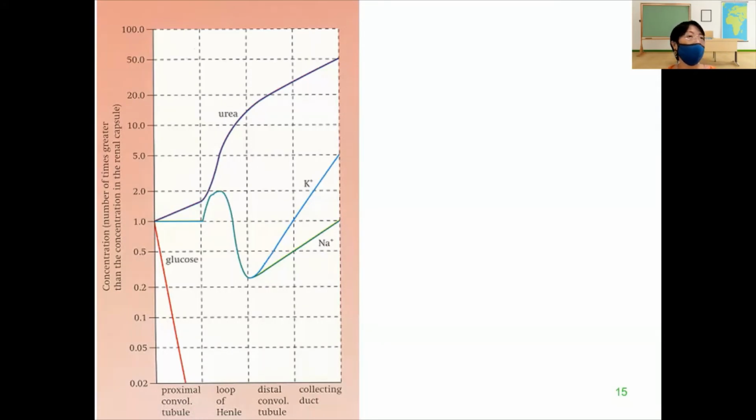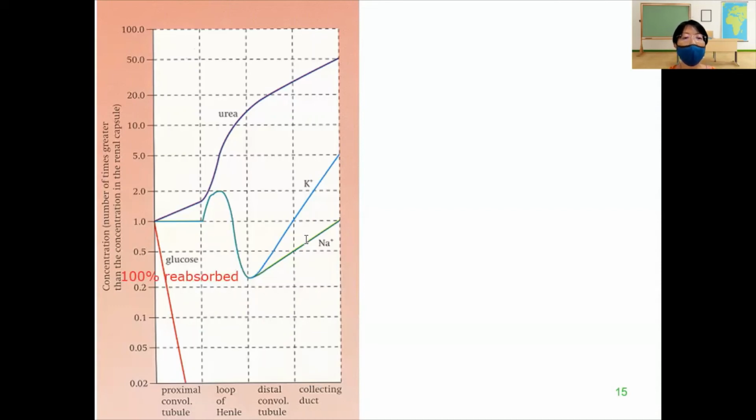All the useful substances are 100%, isn't it? So 100% of glucose is reabsorbed. That's why you can see the concentration drops all the way until it goes to 0. That's why glucose concentration drops all the way down. Okay, 100% reabsorbed. Okay, so now look at the collecting duct.